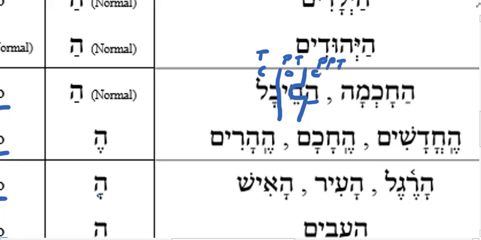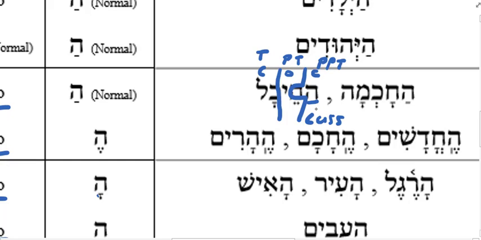Okay? So, this is, in effect, a closed and an unaccented syllable, isn't it? And if it's closed and unaccented, I need what kind of a vowel under the hey? I need a short vowel, right? This is why it doesn't lengthen to a kametz. Okay?